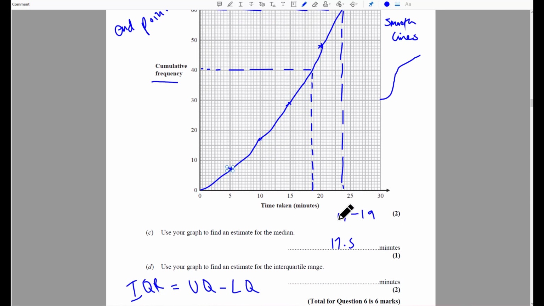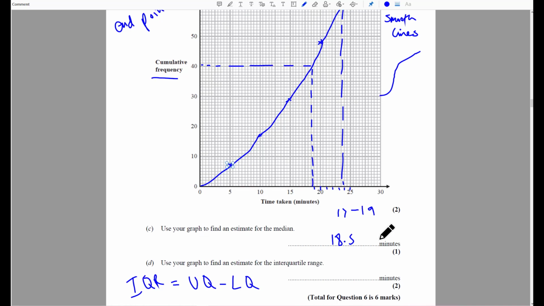So that looks like... and actually I'm just going to check this scale. So each 2 squares is worth 1. So that's me being careless, double check. So that is 19. So I would have got 18.5 there, and that's still acceptable as an answer.